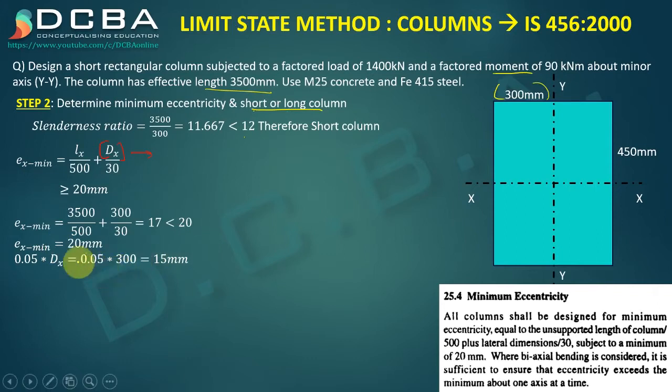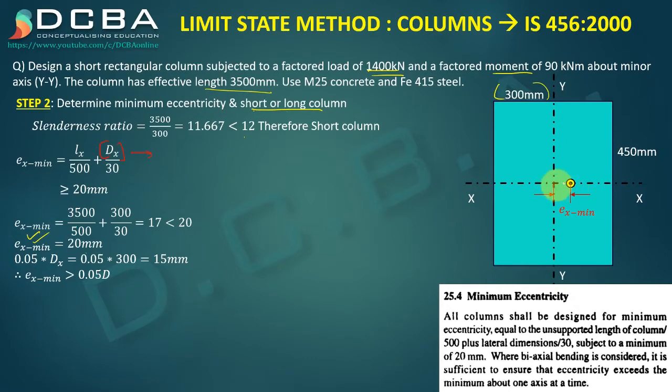In all the design problems till now, what we had solved about column, we never got our minimum eccentricity to be greater than 0.05 times d, right? So this time if it is coming greater, that means that we have to consider this minimum eccentricity. So this will lie on the x-axis somewhere here, and what this actually means is that we are assuming our axial load, this axial load of 1400 kilonewton, to not act at center but to act at this point, at this eccentricity.